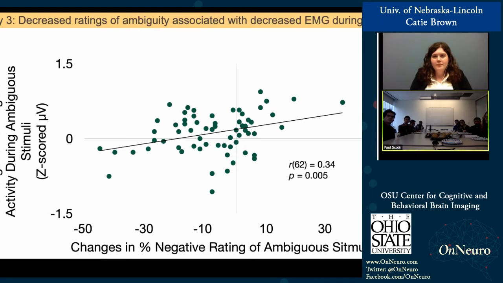So I had a question about reappraisal. In your reappraisal task, it was all negative images and they had to reappraise them, think of them in a positive light, right? But can reappraisal work in the opposite direction too, with positive images being reappraised to be negative?